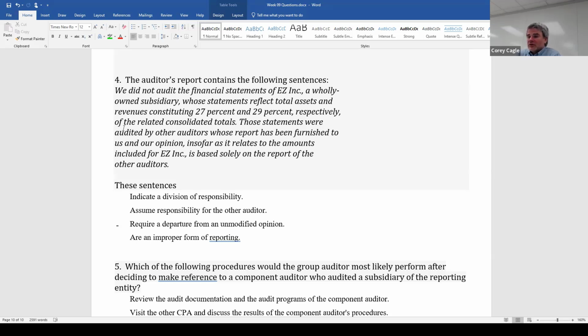Those statements were audited by other auditors whose report has been furnished to us, and our opinion, insofar as it relates to the amounts included for Easy Inc., is based solely on the report of other auditors. So that's a nice cutout of what the report might look like. This indicates a division of responsibility. They're responsible for this, we're responsible for the rest. Kind of interesting.